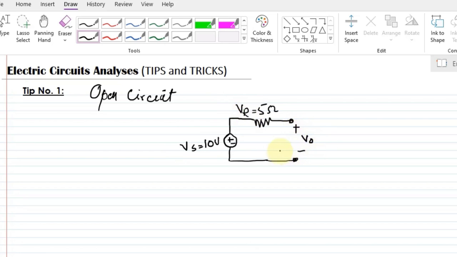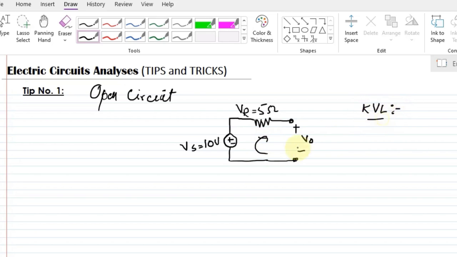So what will be the voltage here? Many students find it difficult to calculate the value of the voltage here. Just remember that in order to find the value of voltages in any circuit, you just have to use a rule called Kirchhoff's voltage law.